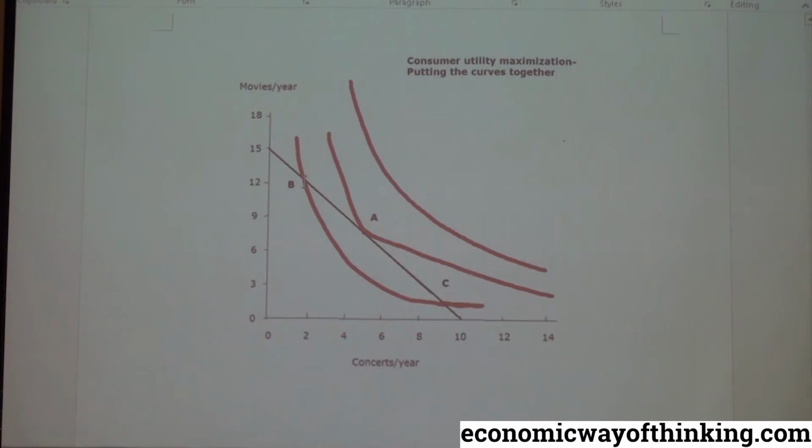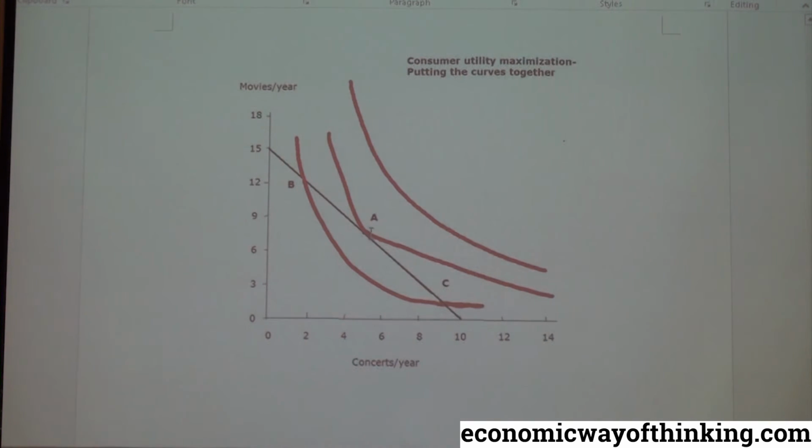Say when you choose the bundle at point B, you could get better off by sliding down from point B, right? Because somewhere here will be another indifference curve which has a higher level of total utility. So if you continue sliding down from point B, you will be getting to higher and higher levels of utility until you come to point A.